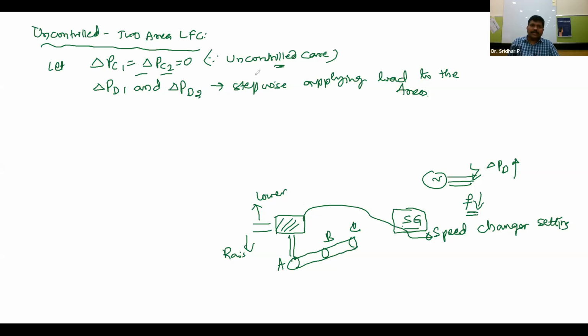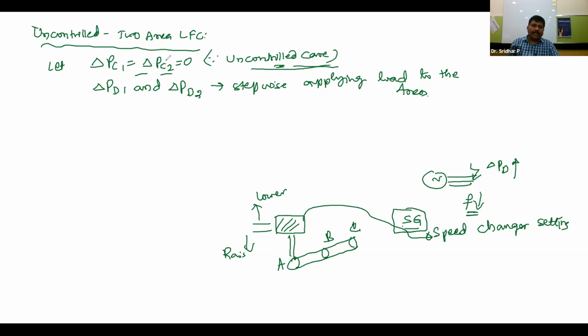Now in the uncontrolled case, delta PC1 and delta PC2 equal to 0 means that whatever the change in the frequency, the speed changer setting will not be changed. It means the speed changer settings remain fixed. That case is called the uncontrolled case.